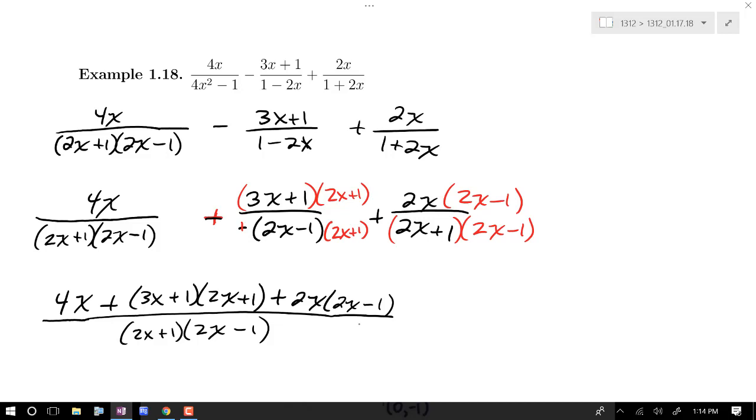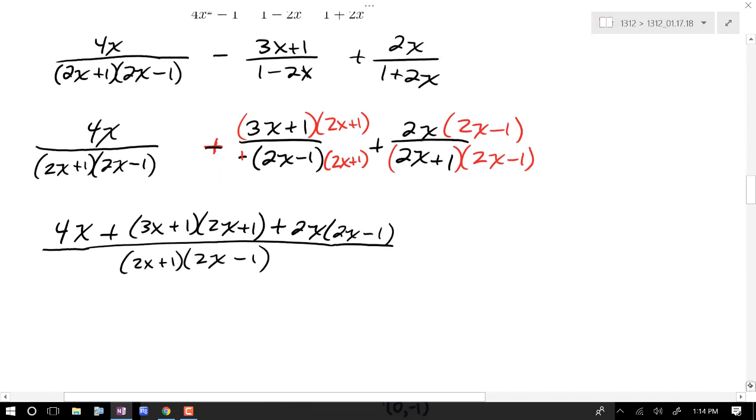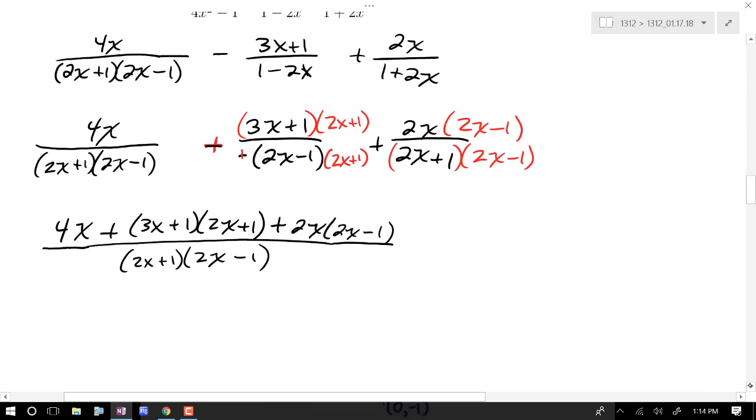So we have to start now by just expanding the top. We're going to do some foiling, distributing, and then combining like terms. So let's see, if we FOIL the middle product, what do we get? 6x squared. And then this would be 3x plus 2x, so that's plus 5x plus 1.